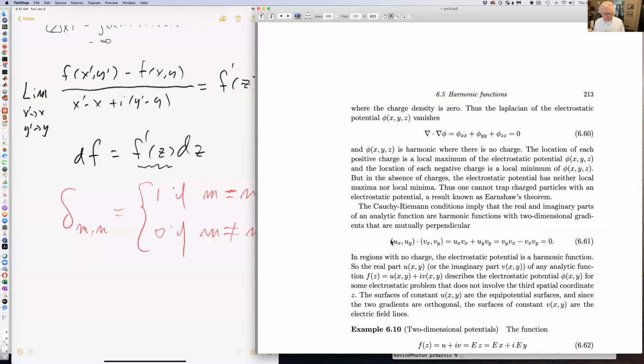And in particular, if you have a region of no charge, the electrostatic potential is harmonic.